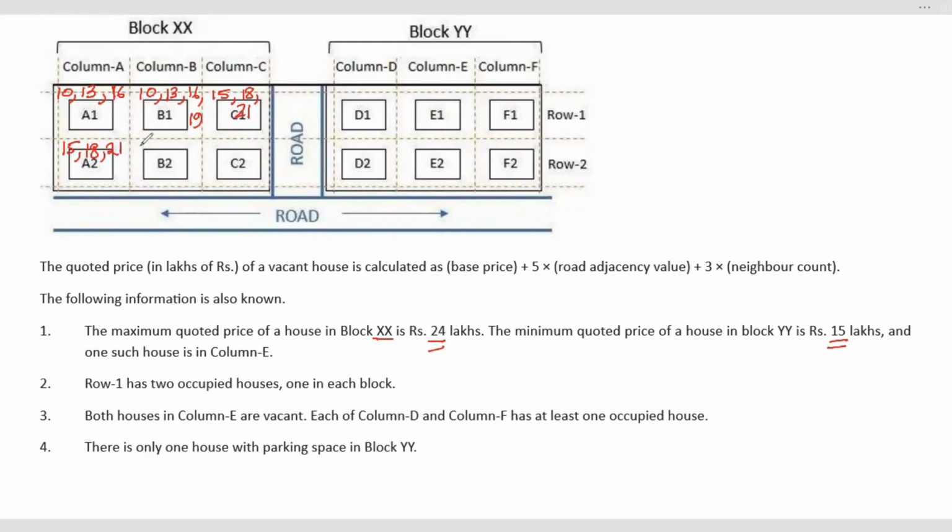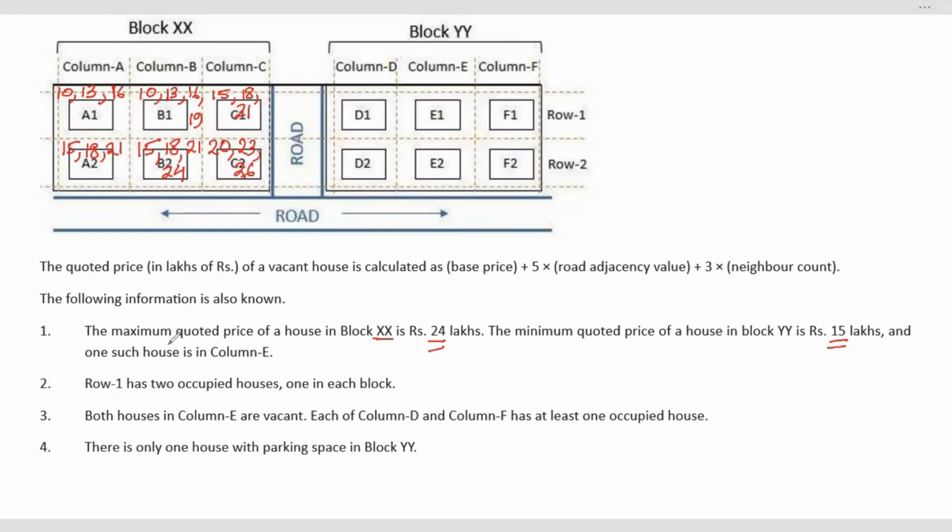Here it would be 15, 18, 21, and 24. These would be for 2 roads. So already 10 plus 10, 2 into 5, that means 20. 20 is the basic. 20, 23, and 26. Whatever I have drawn, just a mirror image will be in this case.